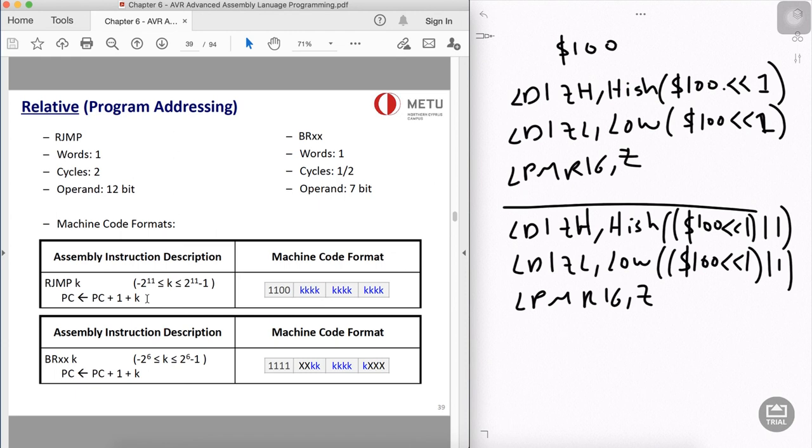As the program counter points to the next instruction, it has to get the next instruction count plus the operand value. So the operand is 7-bit in this case. So more or less, you know how these instructions work from the previous chapter.